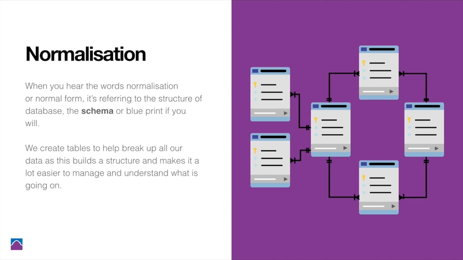Another term that's very important is called normalization. When you hear the words normalization or normal form, it's referring to the structure of your database, like the schema or blueprint that you're creating. We create tables to help break up all data. As this builds a structure, it makes it a lot easier to manage and understand what is going on.